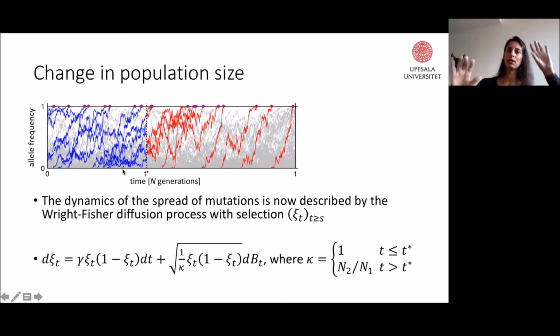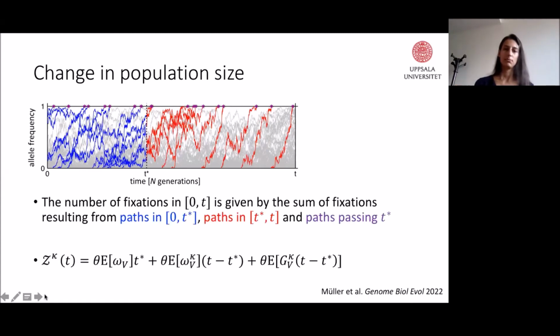And then we have blue and red paths, those that originate before the change, are segregating after the change, and go to fixation then. So if we derive the fixations over time, we will have 3 contributions: a contribution from the blue paths, the red paths, and a correction term for those paths that are both blue and red.